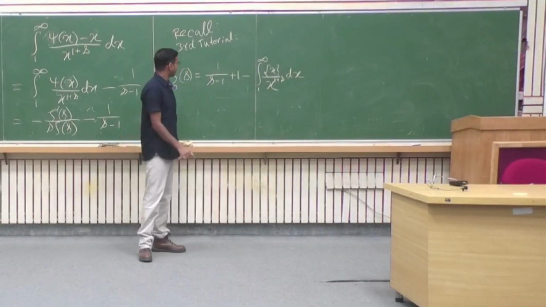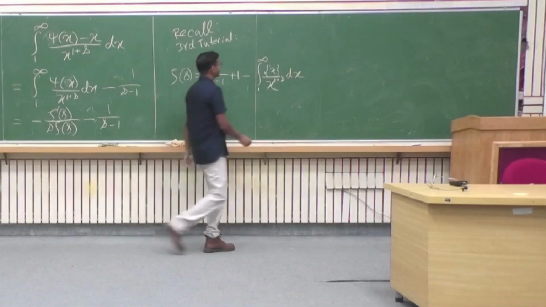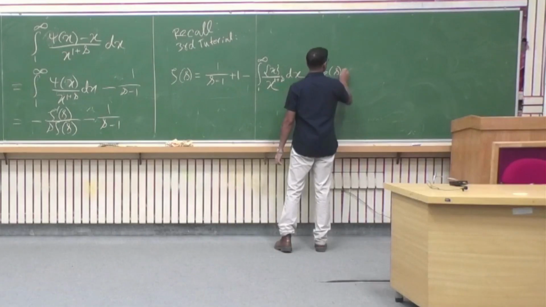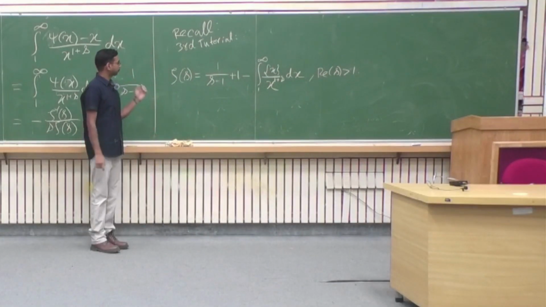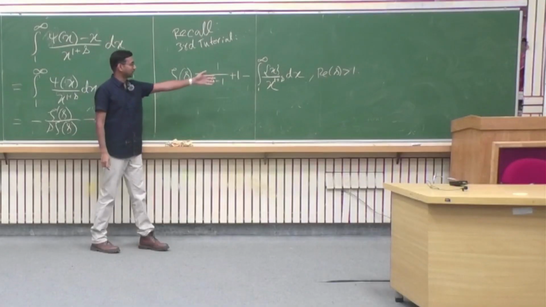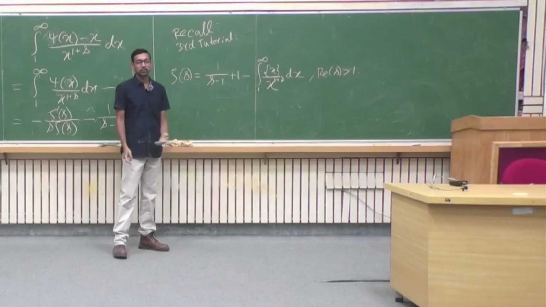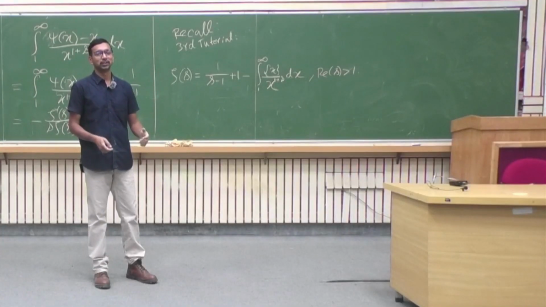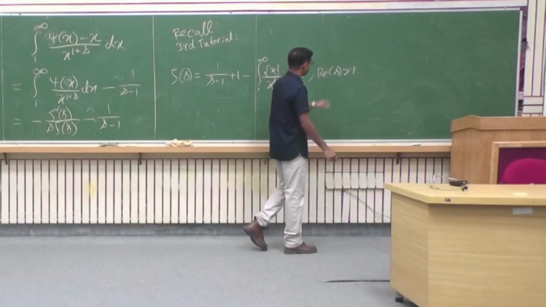So we obtained that this is true for real part of s greater than 1, and then using the things that we have done on the axis of convergence, we conclude that it is so on the real part of s greater than 1.